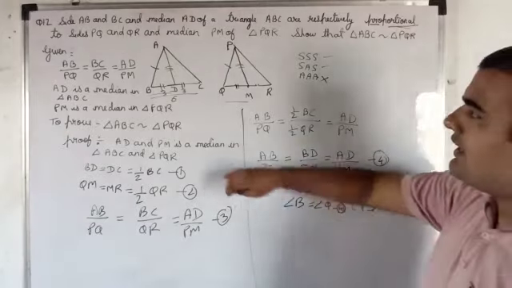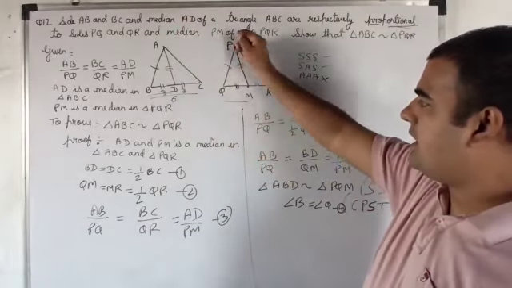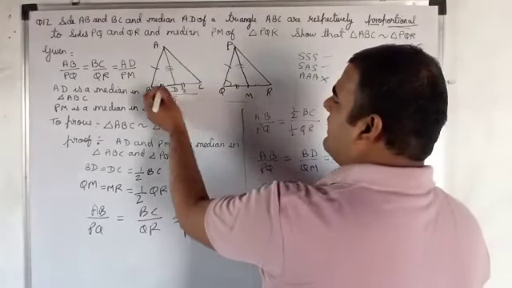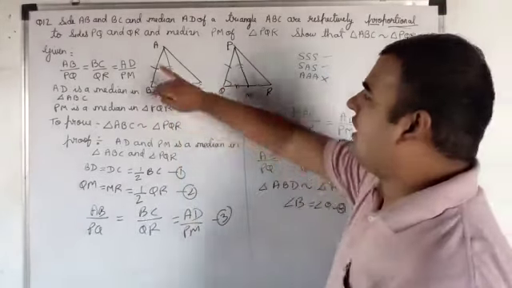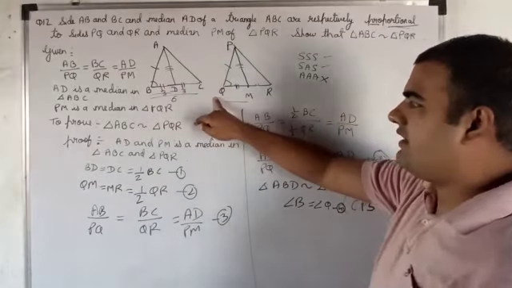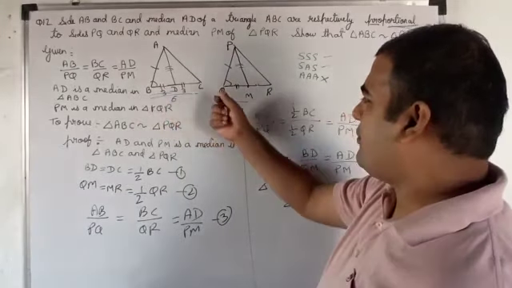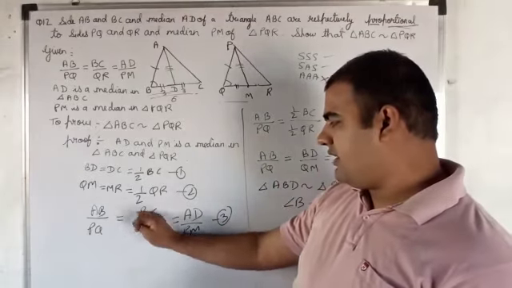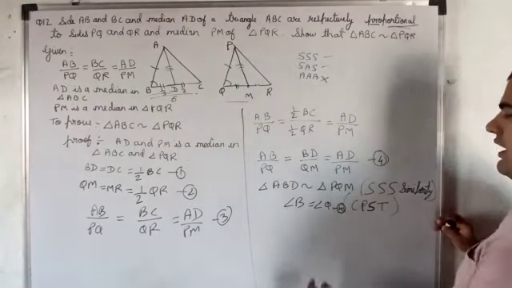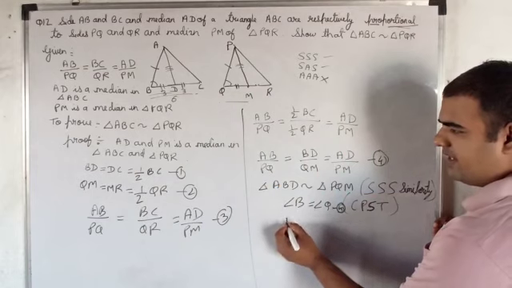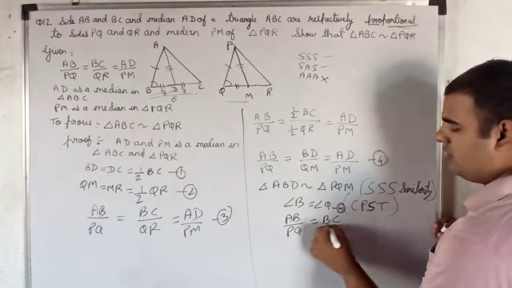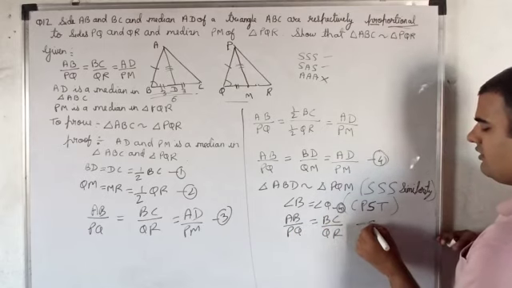Now see, in triangle ABC and triangle PQR, angle B equals angle Q, right? These two angles are equal. And now see, AB is proportional to PQ, it is given. And BC is proportional to QR. It is also given, right? Here we will write AB upon PQ equals BC upon QR, which is given.